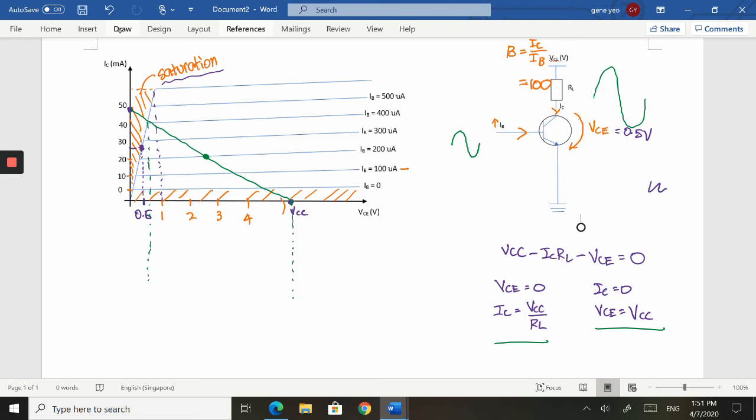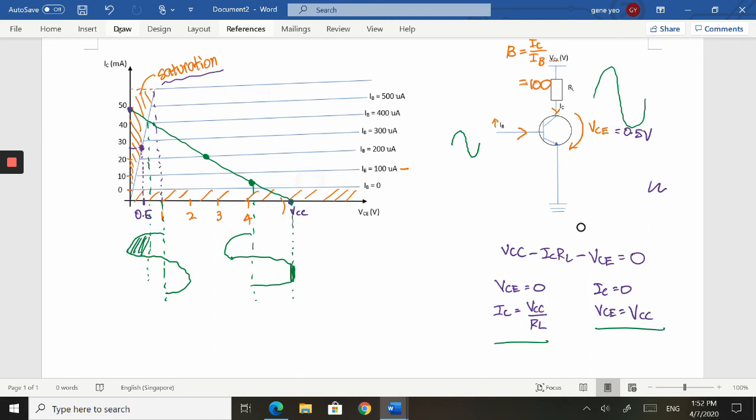If I were to choose somewhere along this point, for example, it could be a possibility whereby the wave might get cut off if you choose a point too close to the VCC point, because, well, you can't create energy, you can't get a voltage greater than VCC. And likewise, if I choose a point too close to the saturation point, same thing, I'm going to have a region that is cut off.